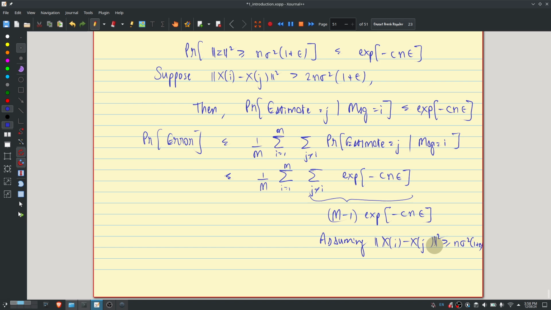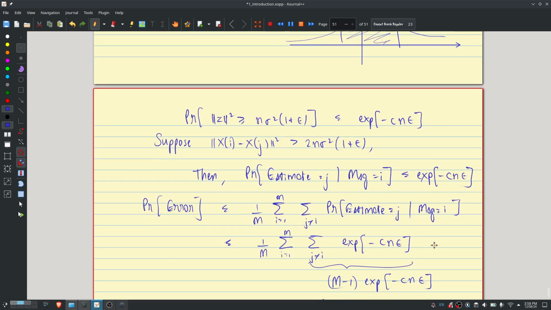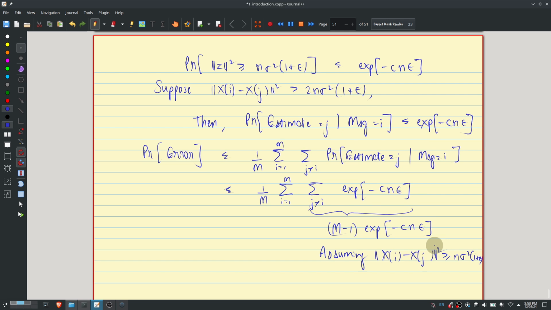Right? And in fact, these are the kind of calculations that you do in communications and information theory. Whenever you're dealing with communication over noisy channels, the first step is to always get an upper bound on this pairwise probability of error.